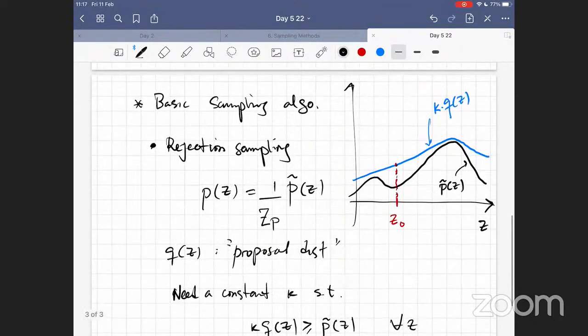So I am sampling this U0 in this range here. Do you see this? I don't know. No. Okay.